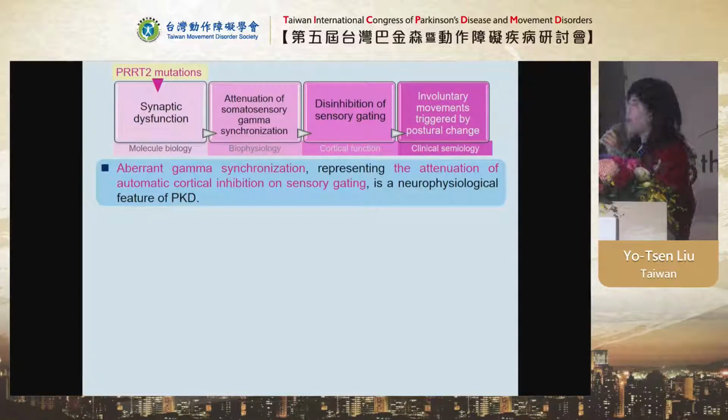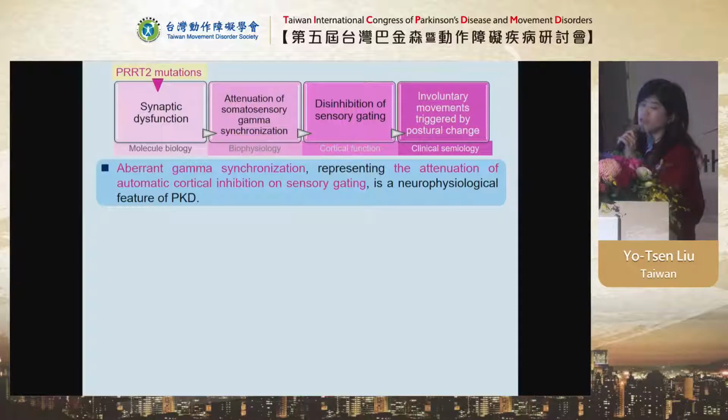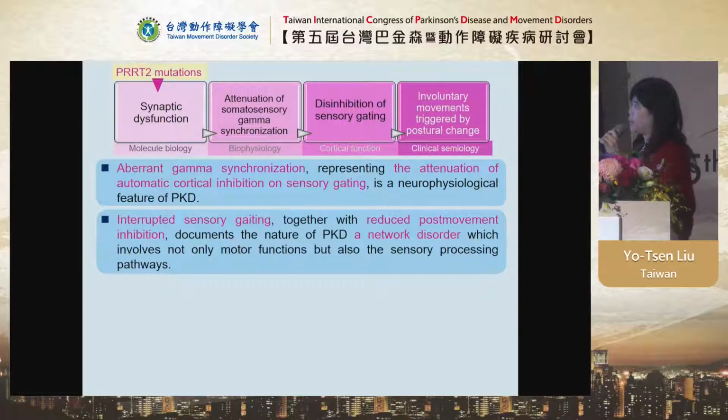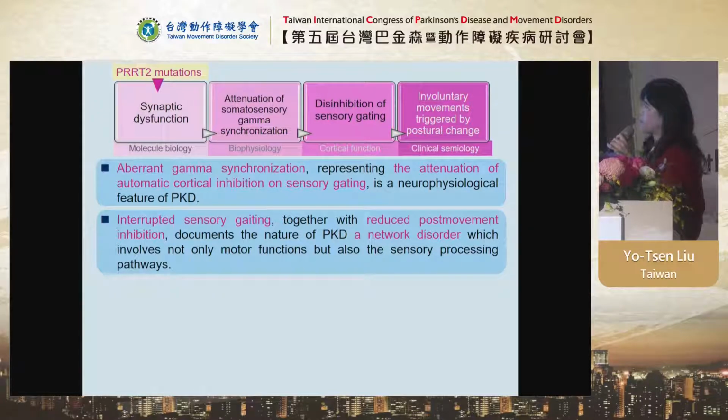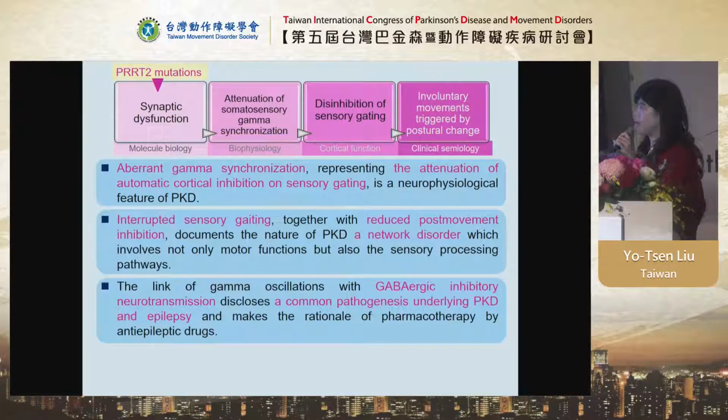So we think the attenuation of the cortical inhibition may be a neurophysiological feature of PKD. And the interrupted sensory gating, together with the reduced post-movement inhibition, documents that PKD is a network disorder. It's not only limited to the motor, but also involves the sensory processing pathway.